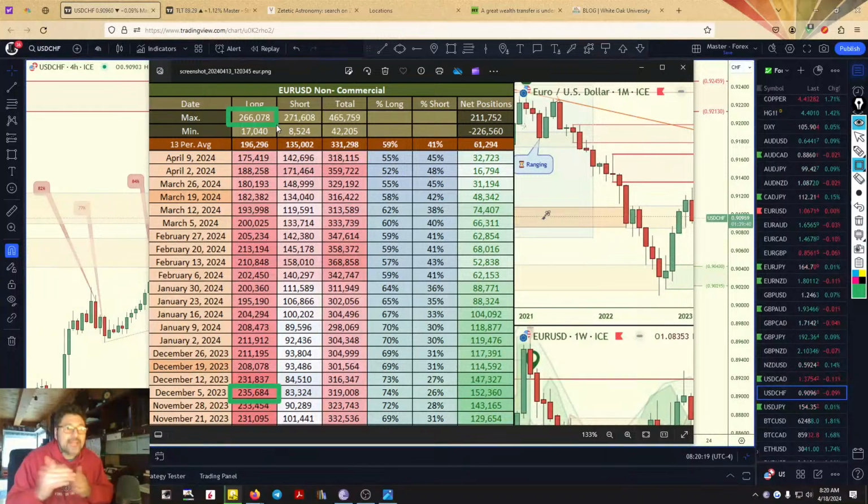When we reach max size, typically 95% of the time they're going to take profits on long positions. So it's not the time to be focusing on getting in long. This is one of the most powerful ways of determining whether you should even be opening a long trade or a short trade. People all the time say, oh, the data is delayed. How is it useful? Well, look at the grand scheme of things. How is it useful?